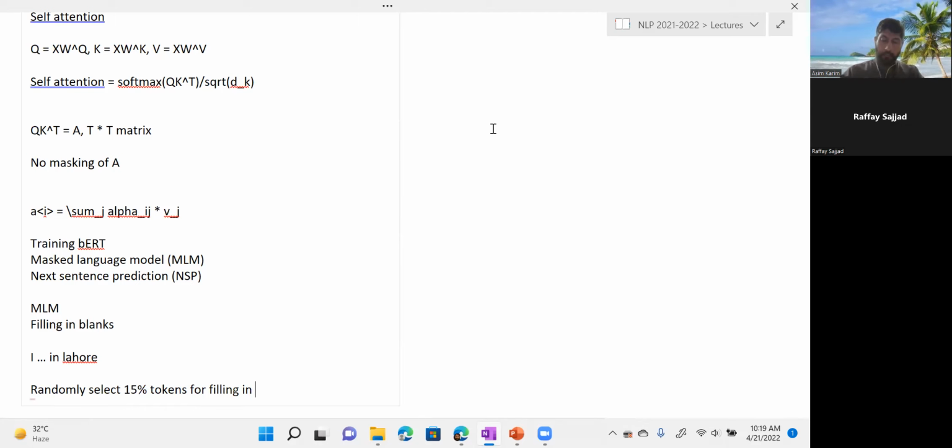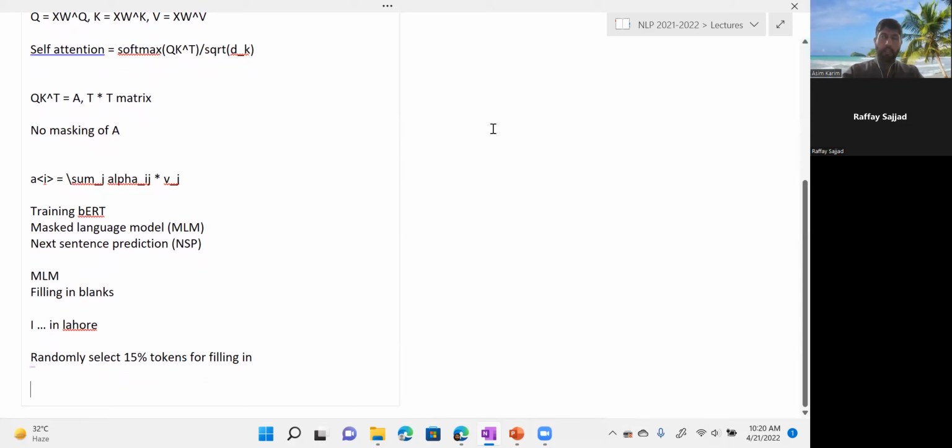Okay? From these 15%, we have a further categorization. This is required because we want the model to learn all the scenarios. So 80% of this 15% are set with a MASK token. This is a fixed token that you specify, and this token basically identifies it to be a mask. You can fix any random fixed token and use it for this.